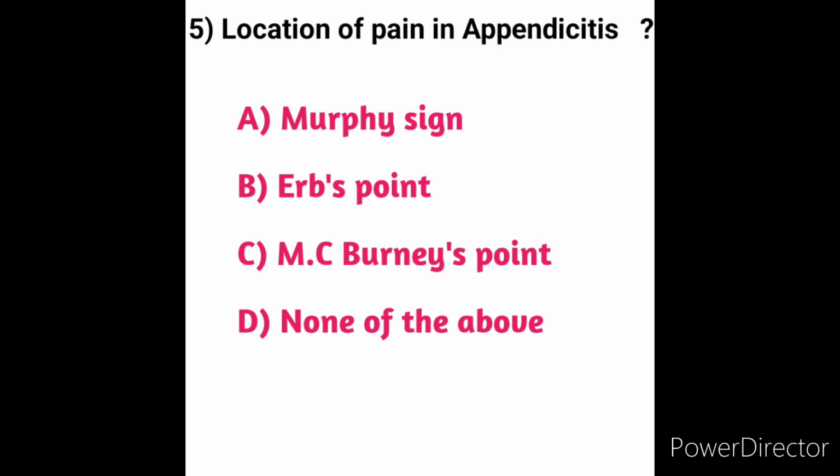A clinician will apply slow pressure over McBurney's point and then quickly release that hand. The presence of severe pain when pressure is released is indicative of a positive test and raises the suspicion for acute appendicitis. So here the location of pain in appendicitis is option C, McBurney's point, the correct answer here. Next we will move on to question number 6.